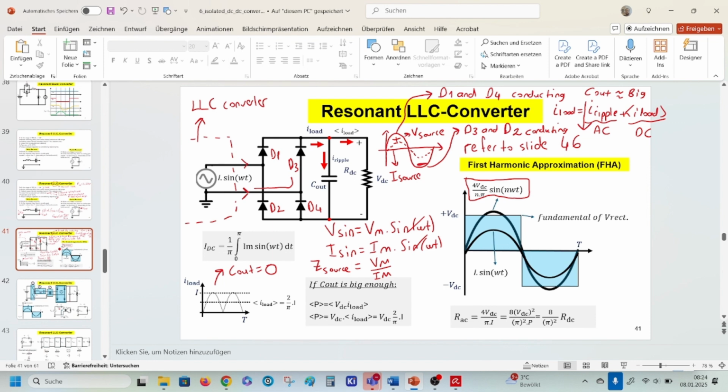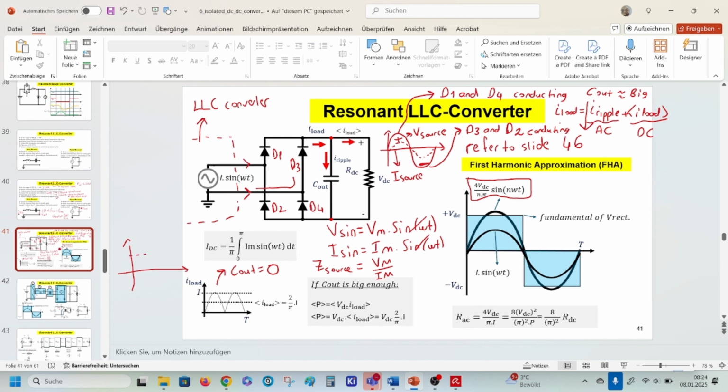Maybe I should draw the actual waveform. This would be the maximum current of the load, and this would be the minimum, and anywhere in the middle would be the average current.